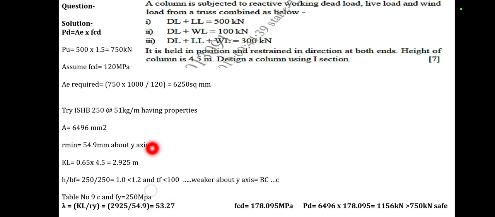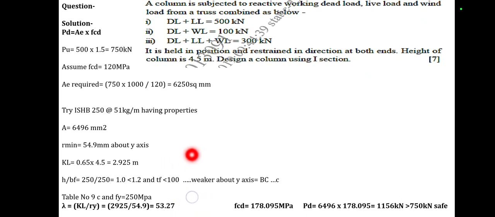Thereafter we need to classify the buckling class of the column. First ratio which we have to take is H upon BF. This H upon BF is 1 and it is less than 1.2, and our value of TF is less than 100.